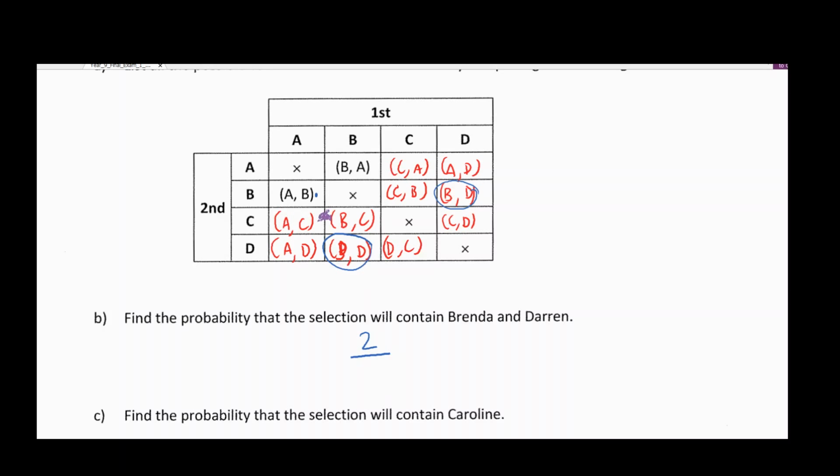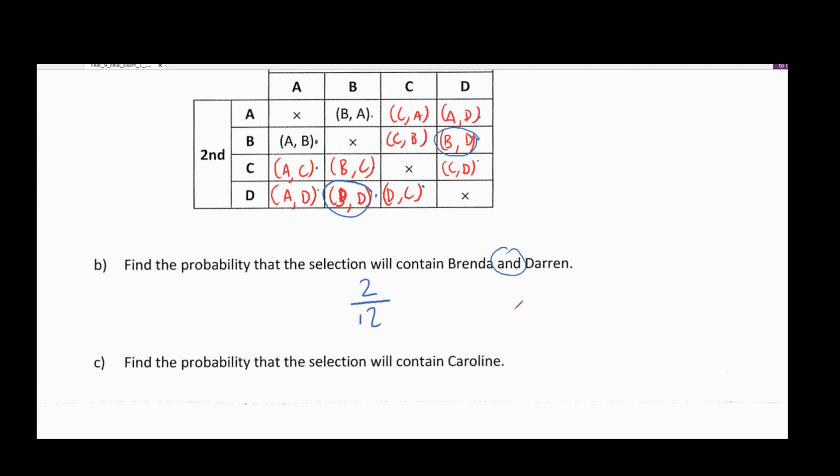So we've got 1, 2, 3, 4, 5, 6, 7, 8, 9, 10, 11, 12. So 12 options, and 2 of them have Brenda and Darren together. So we can type that into a calculator. 2 divided by 12 is 0.16 recurring.